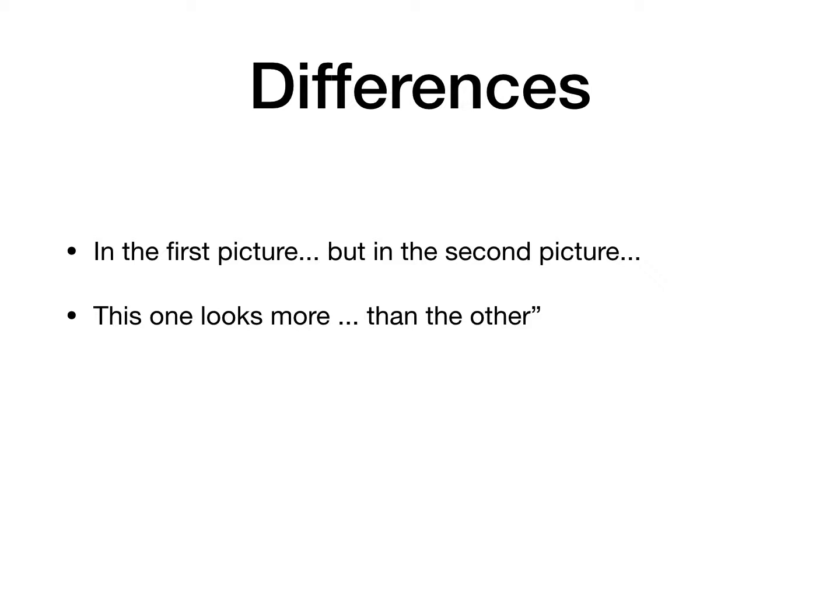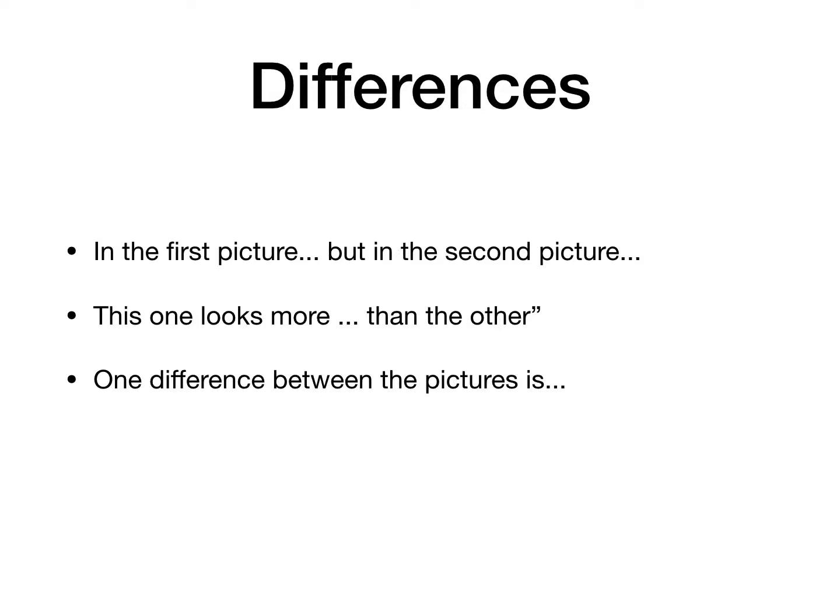Using a short adjective there. We can also use a slightly more complex and longer phrase. One difference between the pictures is, and then we have our clause there. So the first picture shows a party, the second picture shows, or something like this.